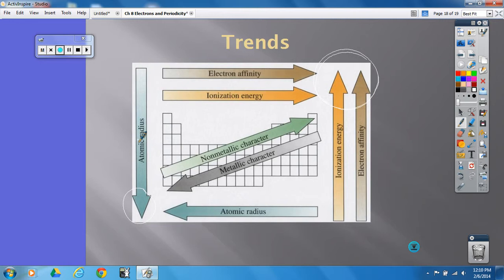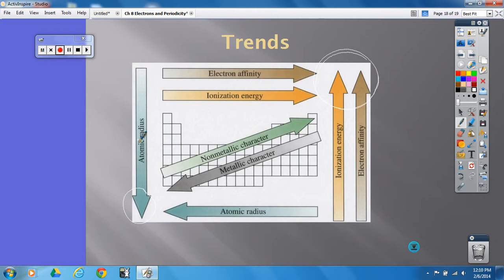What do metals like to do? They're metals. What do you use metals for? They're good conductors. Ah, there you go. They're good conductors. They're shiny. They like to lose electrons.